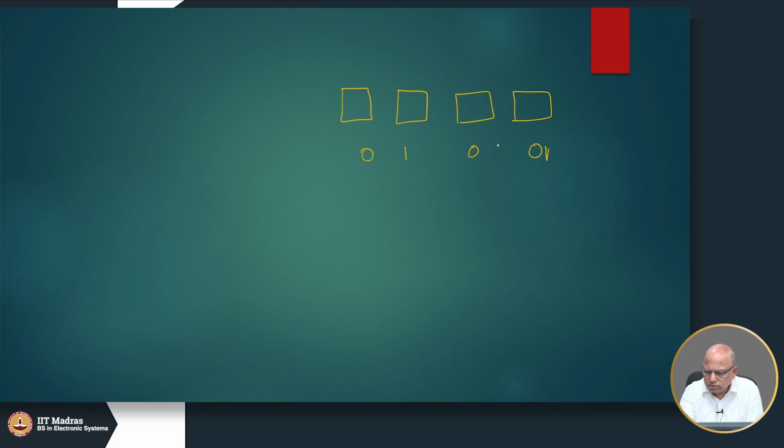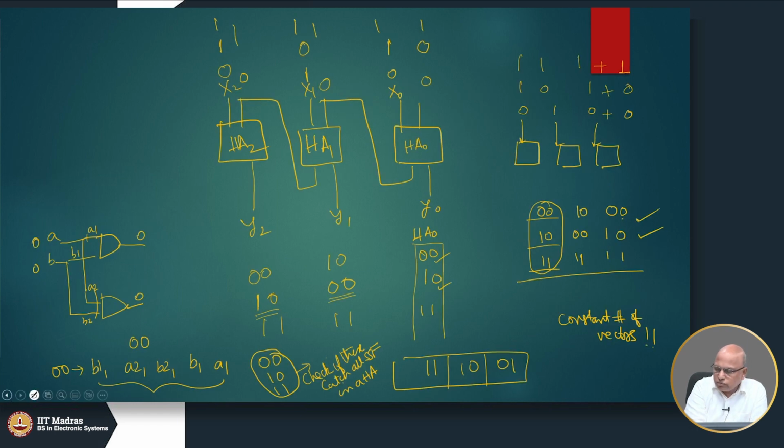So, this will produce a 0, this will produce a, no wait, no, something went wrong here, go back. 0 1 0 1, right.